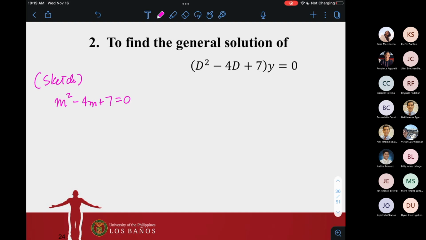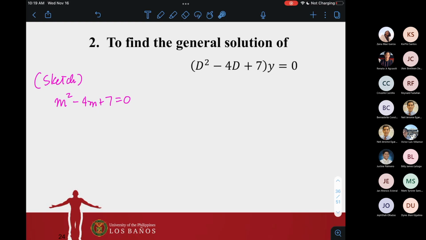So really what we are doing here is replacing all of the operators D in our operator by a constant, an indeterminate m. Okay? I replace all the capital D by m, equate to 0, and I get the characteristic equation, and then I'll solve the roots of the characteristic equation.